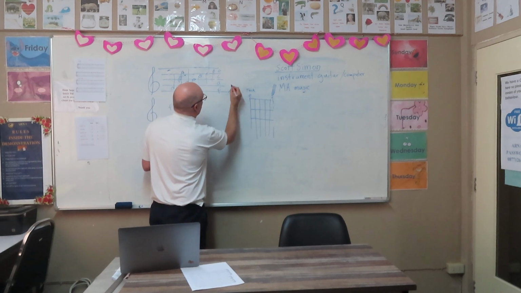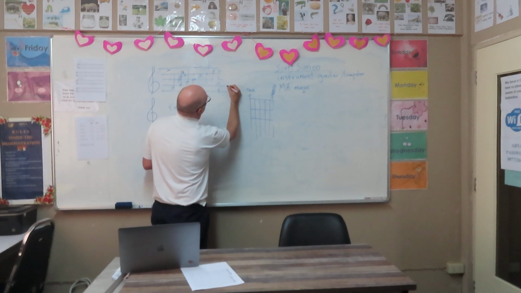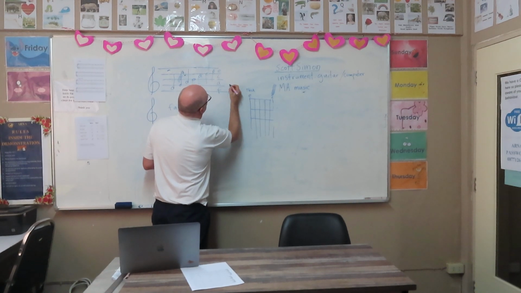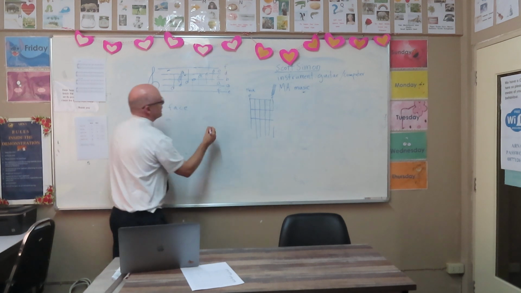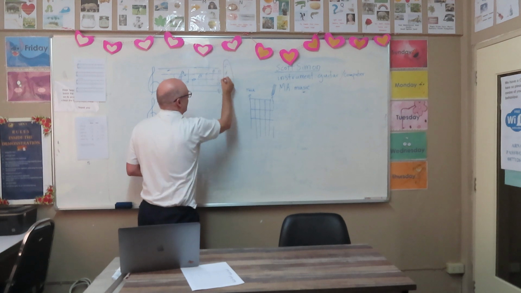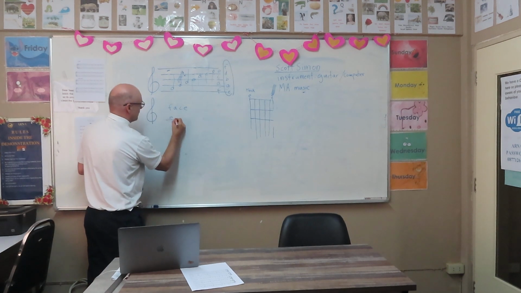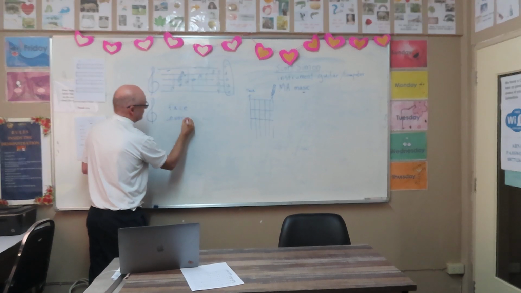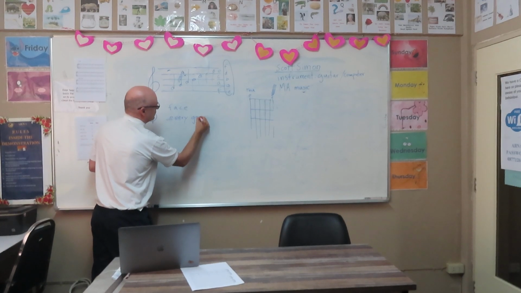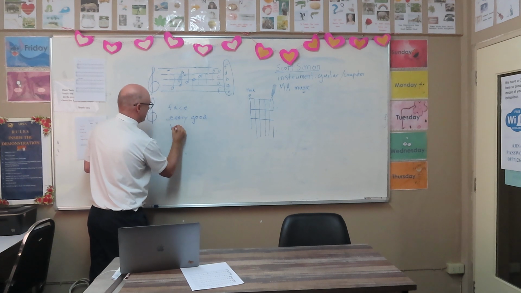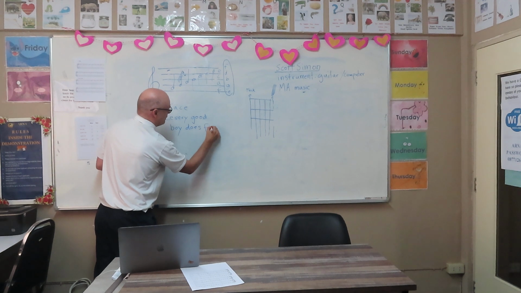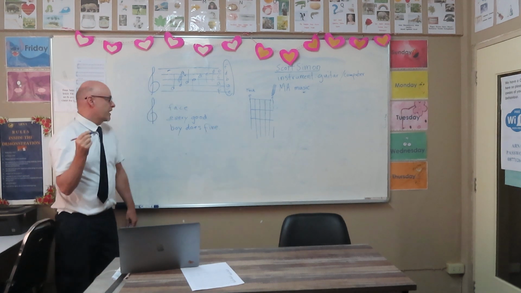And on the lines here, we have E, G, B, D, F, which, if we take it all together, gives us every good boy does fine, which is just a good way of memorizing it.